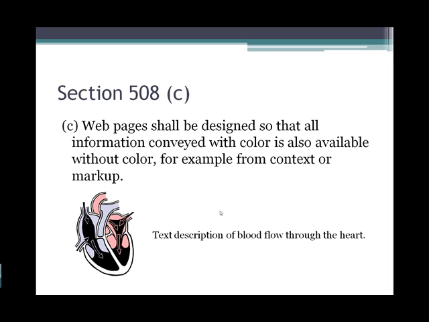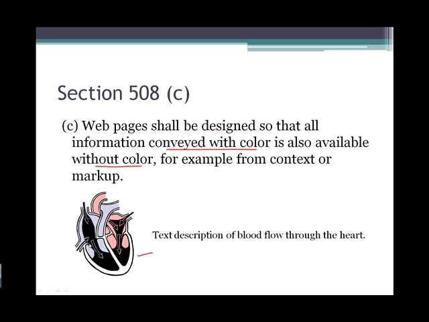Web pages shall be designed so that information conveyed in color is also available without color. So suppose we're using diagrams. Maybe we're teaching the human heart and talking about blood flow and maybe talking about the pink arrows and the blue arrows and talking about how the blood flows by using these colors.